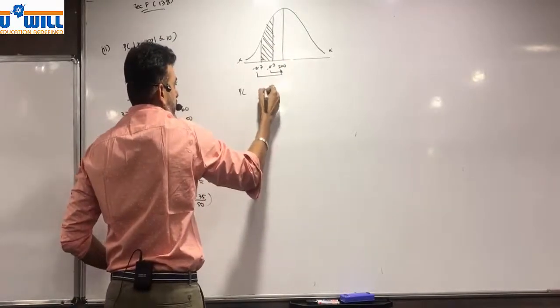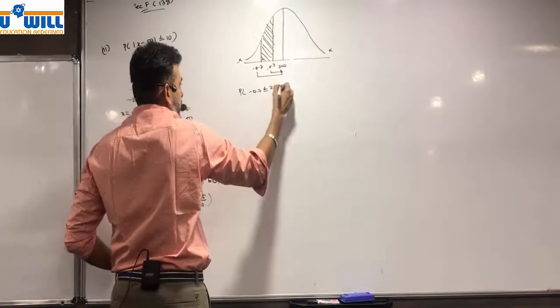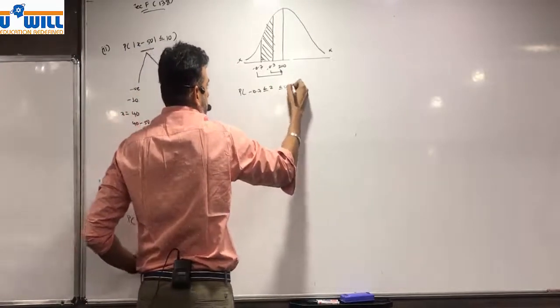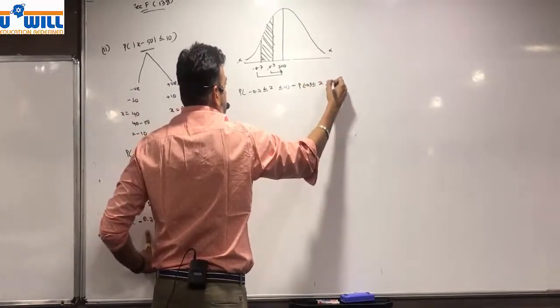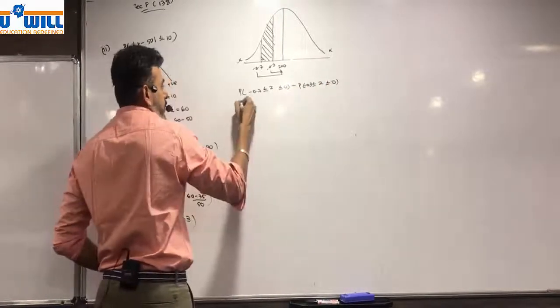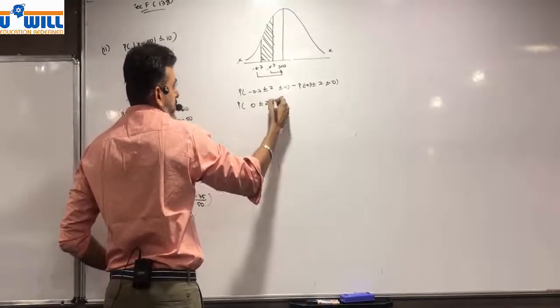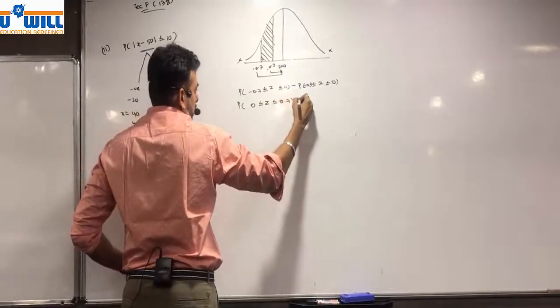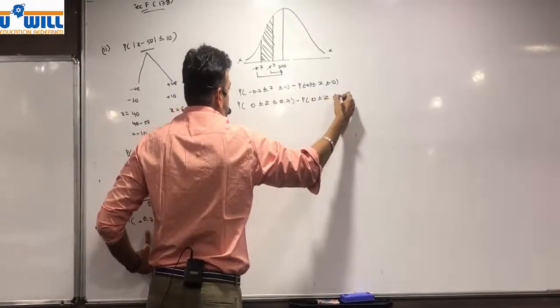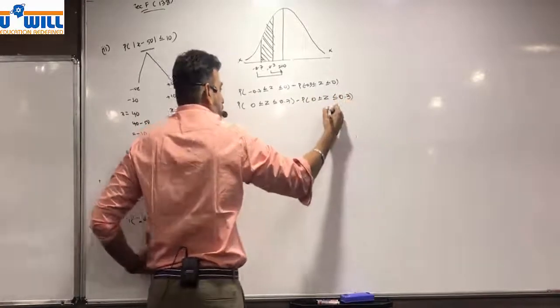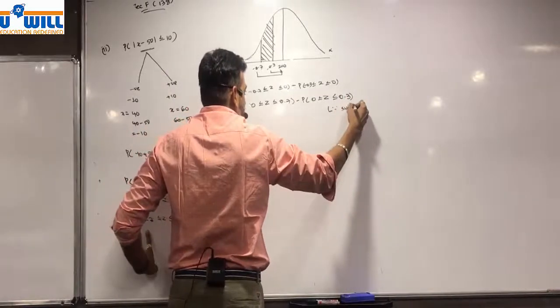Probability of z greater than equal to minus 0.7 less than equal to 0 minus probability of z greater than equal to minus 0.3 less than equal to 0. So probability of z greater than equal to 0 less than equal to 0.7 minus probability of z greater than equal to 0 less than equal to 0.3, because it is symmetric.